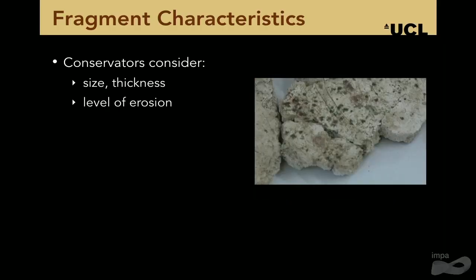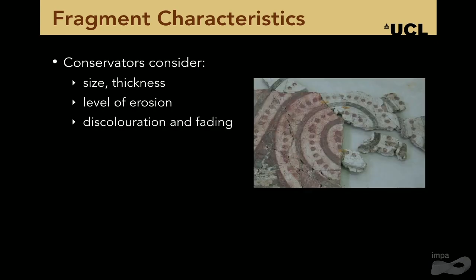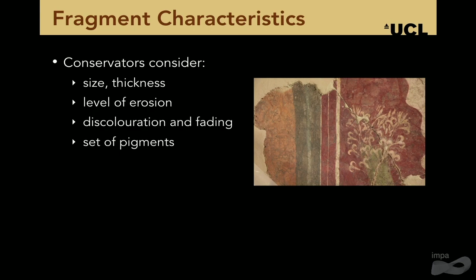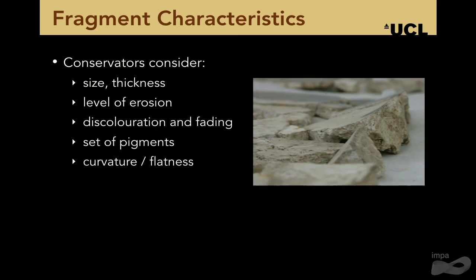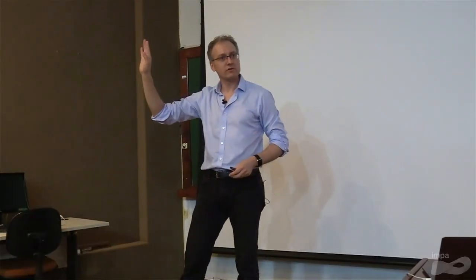There are other criteria, let's say the level of erosion that something received, the level of discoloration and fading, pigments involved in a composition, curvature. I just said that they're flat, but if you're getting close to corners of a room, it's actually really difficult to flatten the plaster without pushing some of the plaster into the corner and creating a slight curvature there.